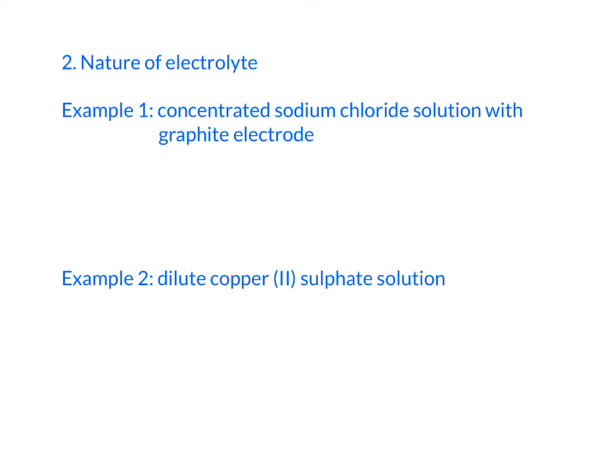The other case is talking about the nature of the electrolyte changing. So for example, the first one, we have concentrated sodium chloride, and we are using graphite as electrode. In this case H plus will discharge because Na plus is a very weak oxidizing agent, while on the other side, because it's concentrated, chloride ion will be discharged.